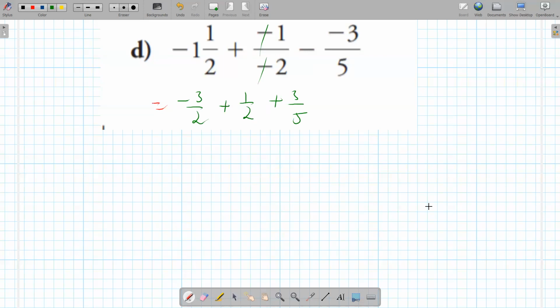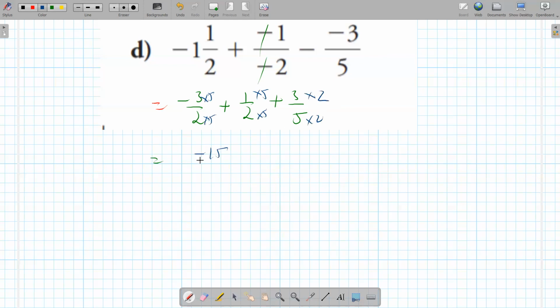Okay. Now what? The common denominator is 10. Yeah, it is. So you would do 2 times 5 and then -3 times 5, and the same for the next one, times 5, times 5, and then times 2.